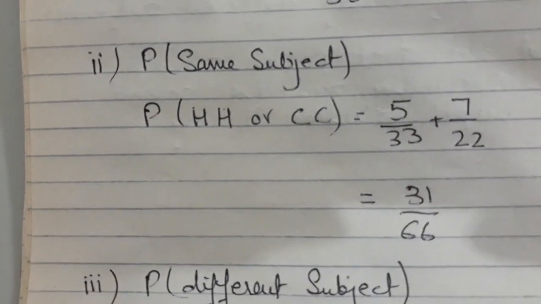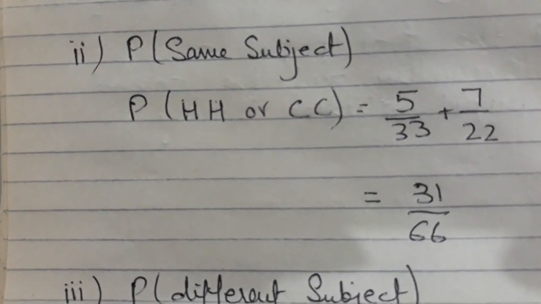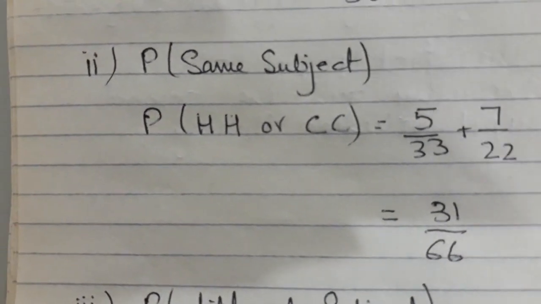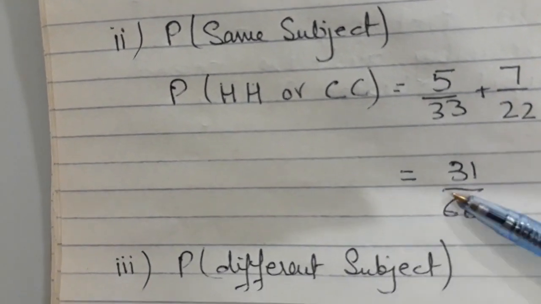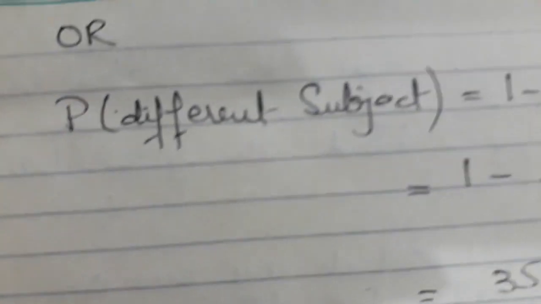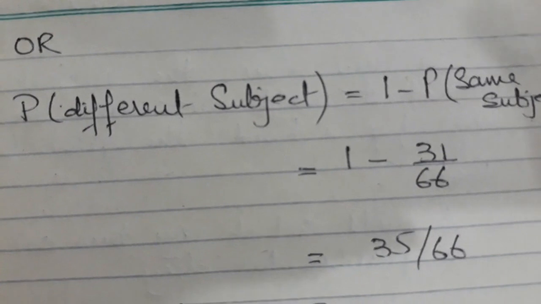Remember we studied in the previous video complementary probability, the complementary event, right? Complementary is 1 minus what we are not talking about. So if I don't want to consider the same subject, I will subtract it from 1, and I will get different subjects. So this is one way of doing it.